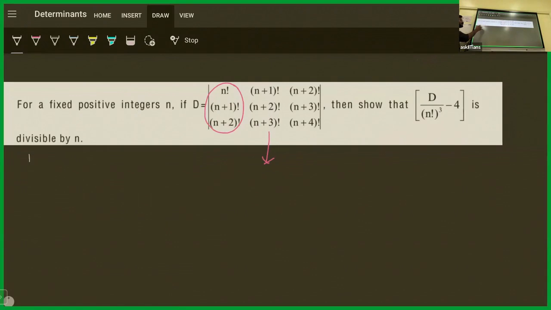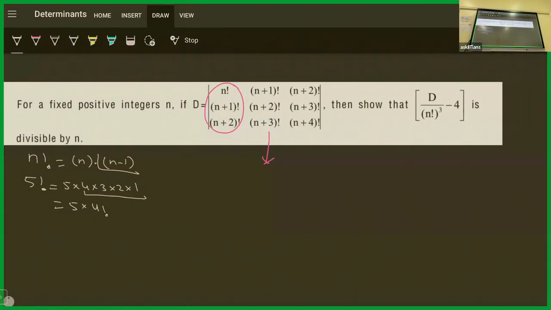I hope that all of you know this property: n factorial is equal to n into n minus 1 factorial. Like 5 factorial, how are we going to write it? 5 into 4 into 3 into 2 into 1. And from 4 into 3 into 2 into 1, we can write this as 4 factorial. Yes or no?